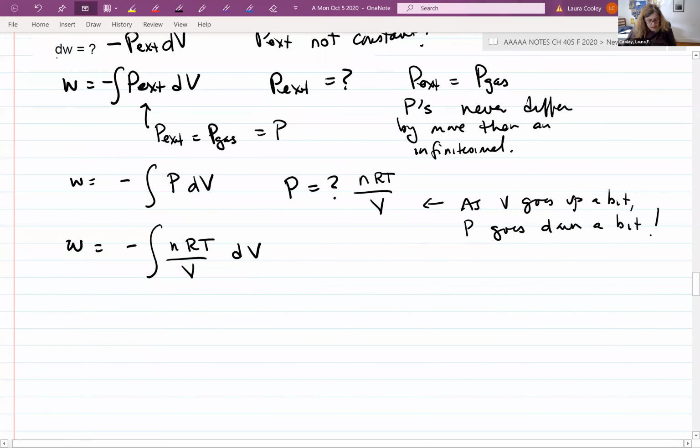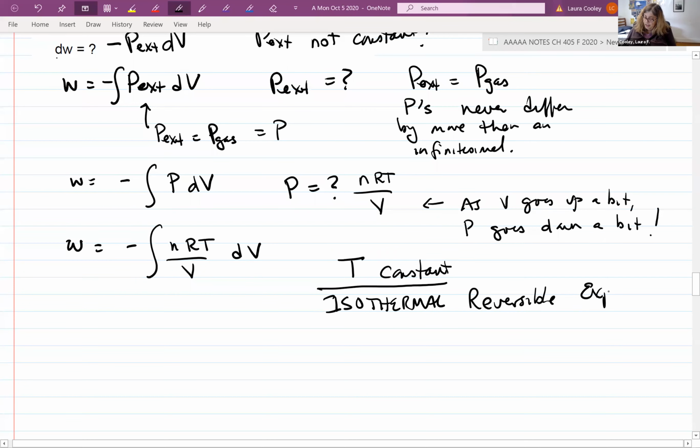Okay, and now if I say that T is constant, so I'm calling this an isothermal. This is an isothermal reversible expansion. So before we had an isothermal expansion against a constant pressure.